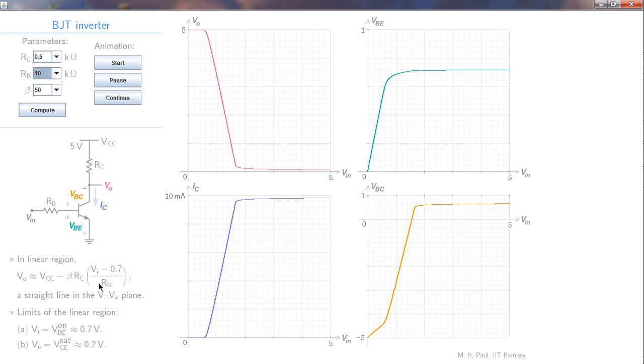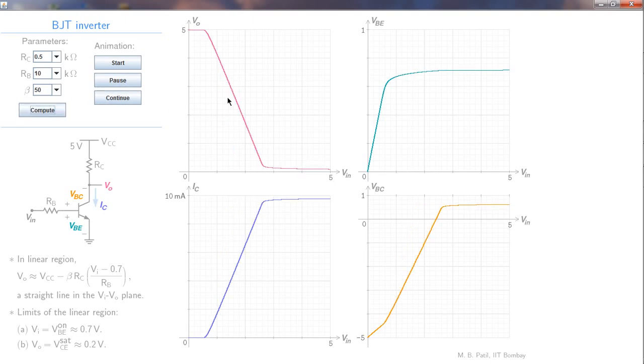So once again, this region will become less steep than it is now, and let's check that out. It does. And correspondingly, of course, the other curves will also change.